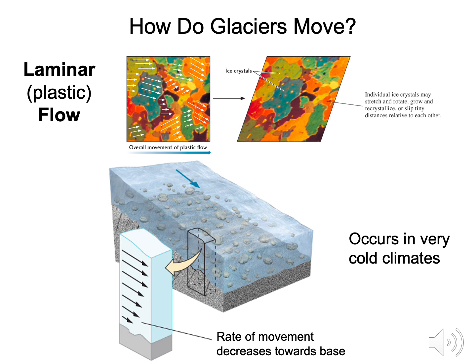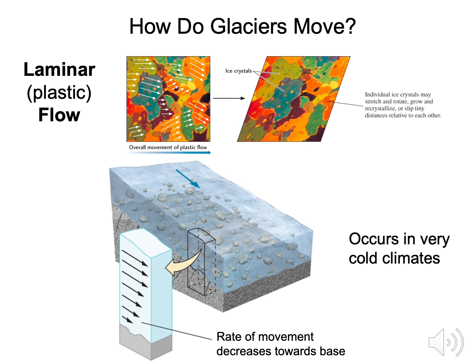So with this laminar plastic flow, we see that the overall direction of movement is the same. This is going to stretch and rotate the ice crystals, and it's going to cause the movement of this glacier downhill.